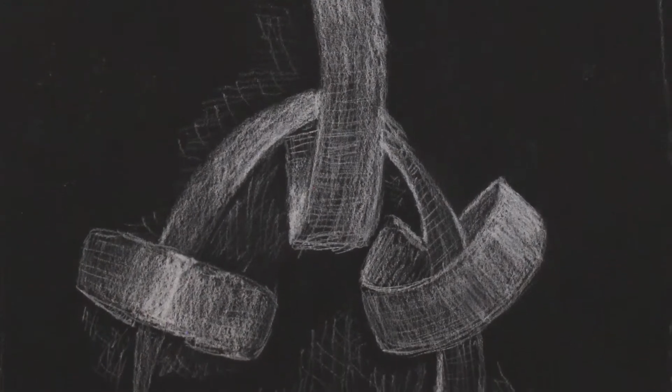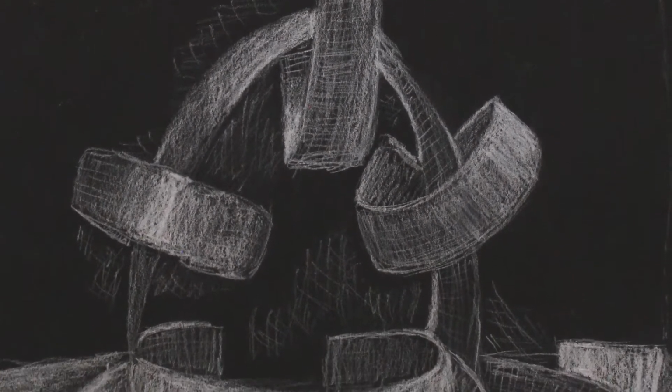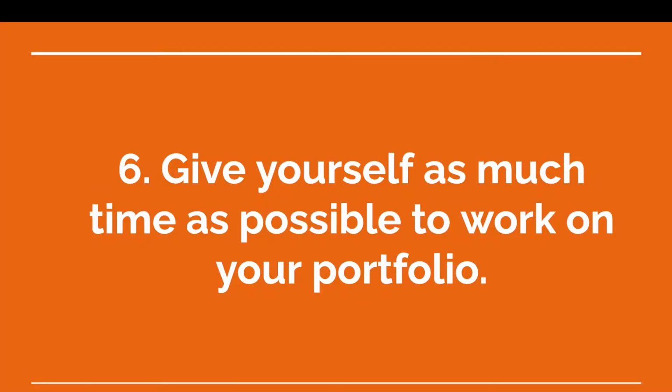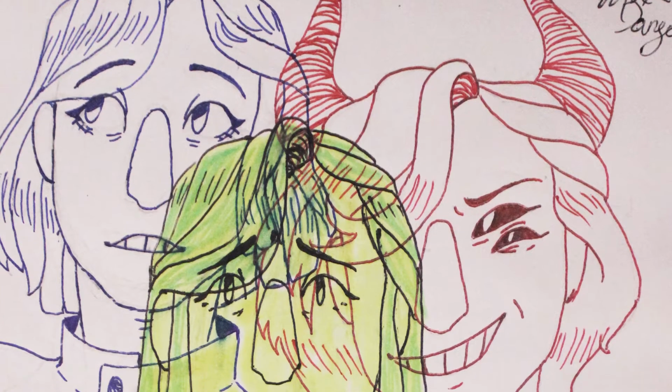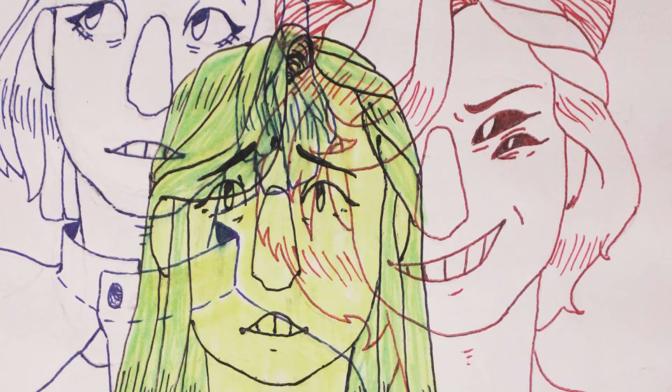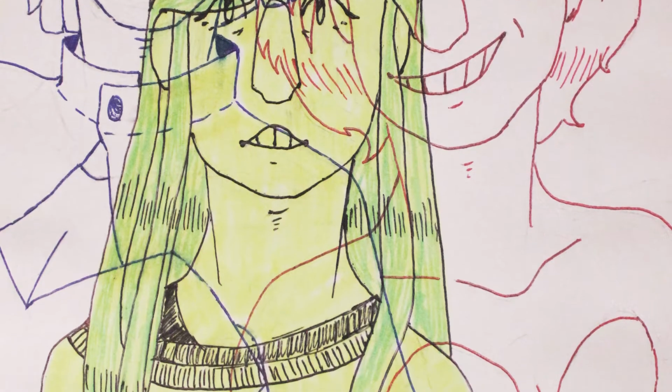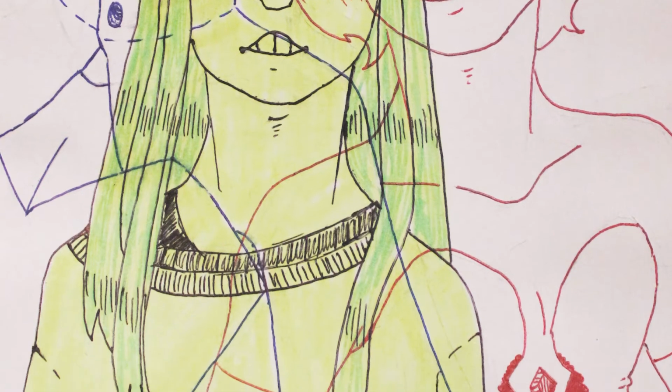But one of the more important things that relates to this is knowing the requirements for each school that you're applying to way ahead of time, so that you give yourself as much time as possible to work on your portfolio. This way you won't be surprised if a school has extra requirements for an application, like that drawing of a bike or that sketchbook.